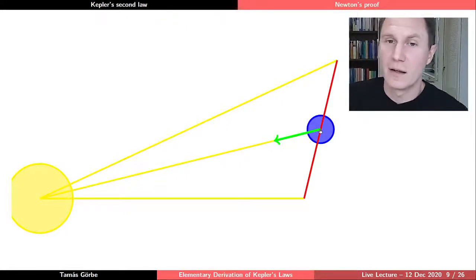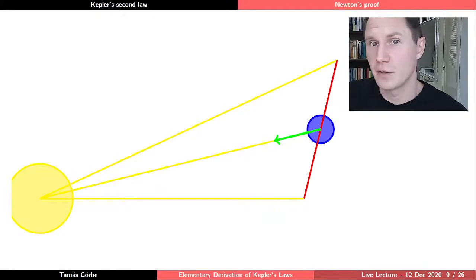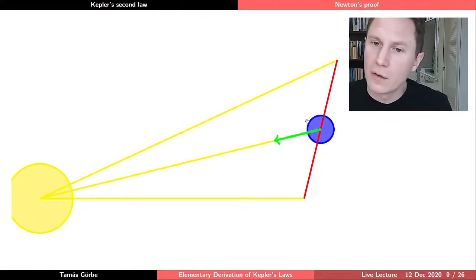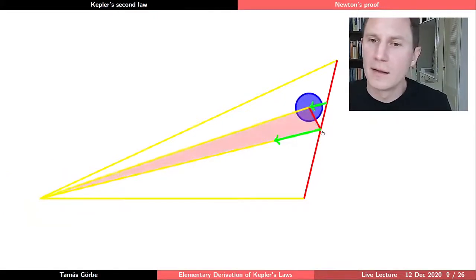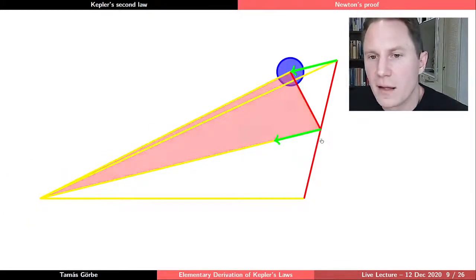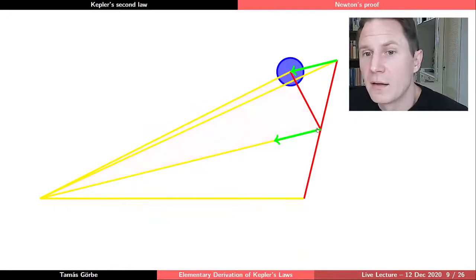And turning the sun on just for a moment gives the planet a tug, like a pull on the planet, which will result in a motion of this planet being added to the previous one. So instead of going along the original red line, it's going to deviate in a way that we are going to have a new orbit.